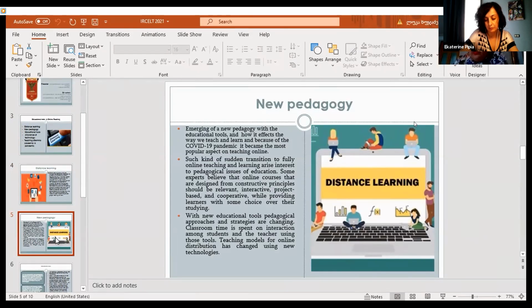With new educational tools, pedagogical approaches and strategies are changing. Classroom time is spent on interaction among students and the teacher using those tools.